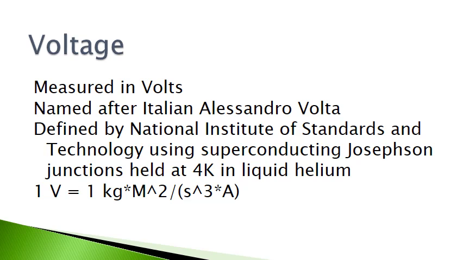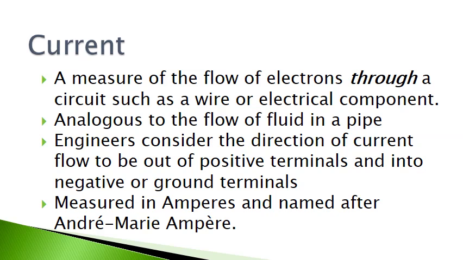This is important because voltage is one of those fundamental measurements that we track. Current is the measure of a flow of electrons through a circuit, such as a wire or an electrical component. It's analogous to the flow of fluid in a pipe. Engineers consider the direction of current flow to be out of positive terminals and into the negative or ground terminals of a voltage source or possibly a current source.